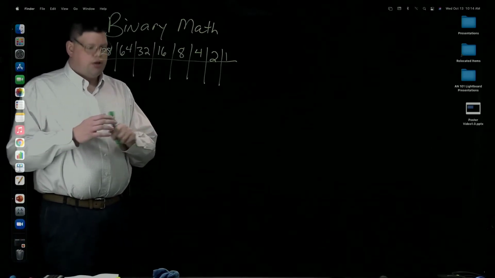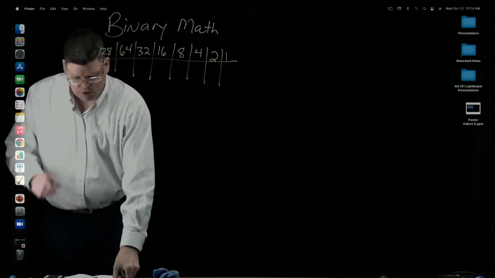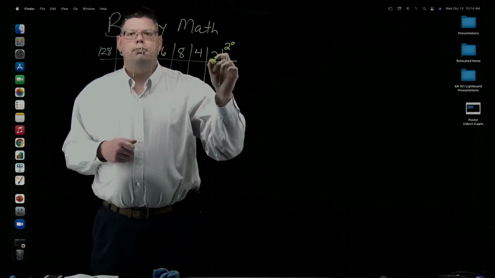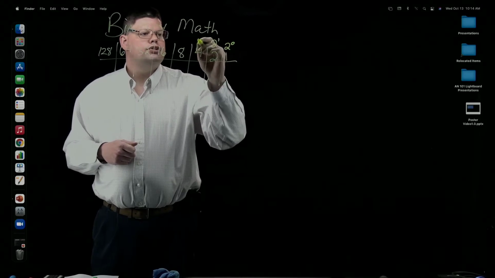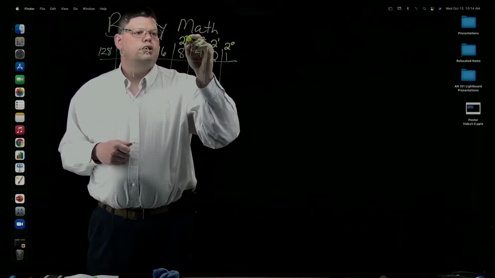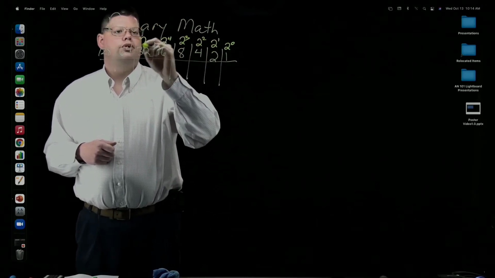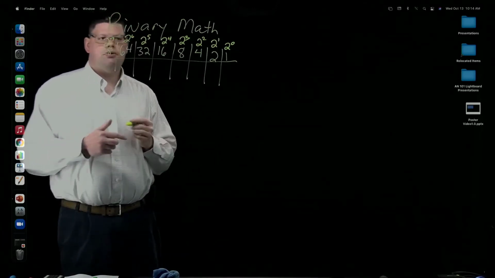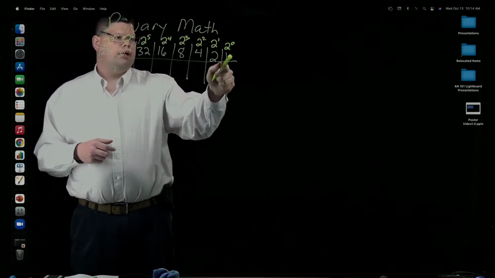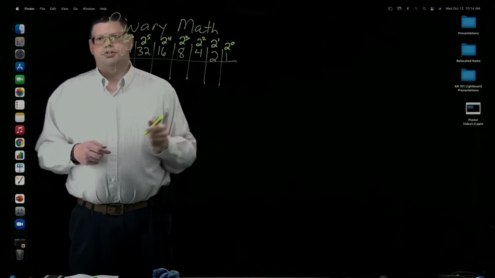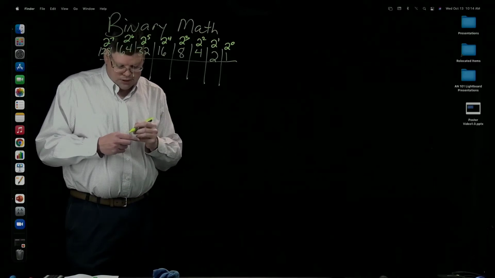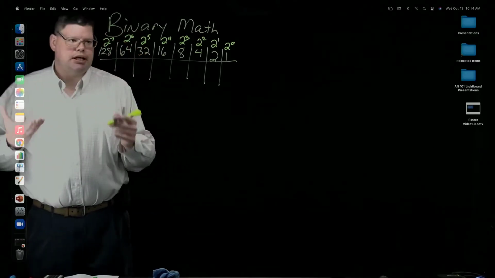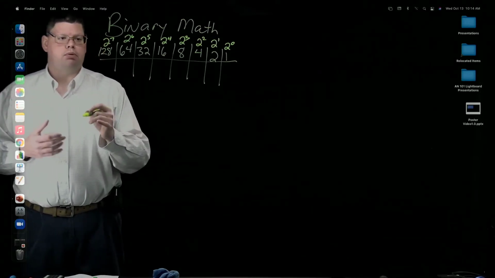If you are the math oriented person, these numbers come from 2 to the 0 power, 2 to the first, 2 squared, 2 cubed, 2 to the 4th, 2 to the 5th, 2 to the 6th, and 2 to the 7th. So if you can't remember the doubling starting at 1, you can also do it by the exponent if you wish.